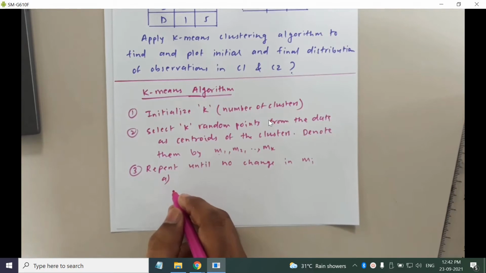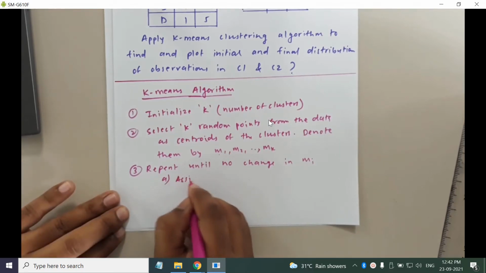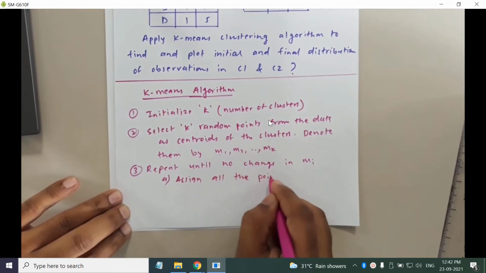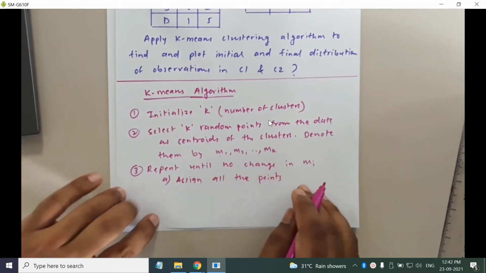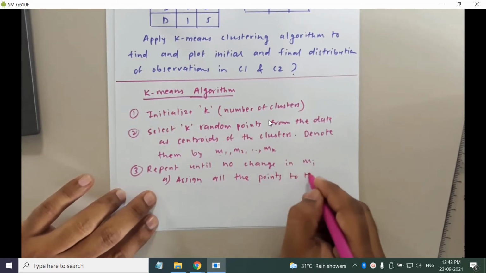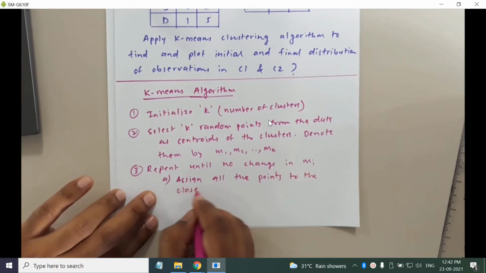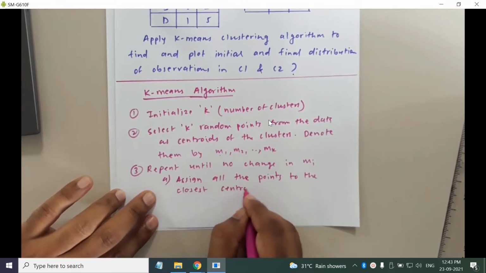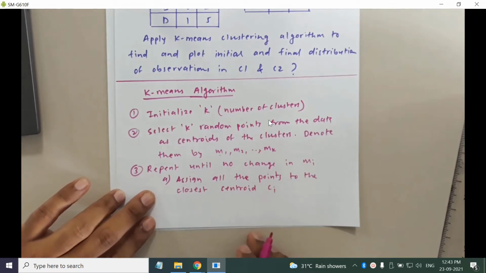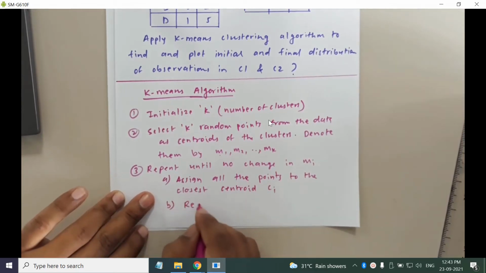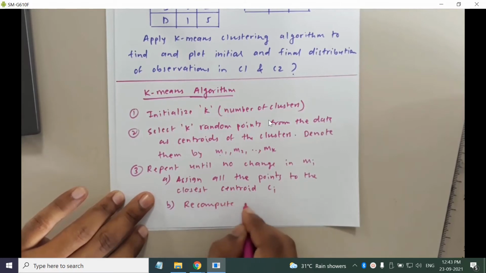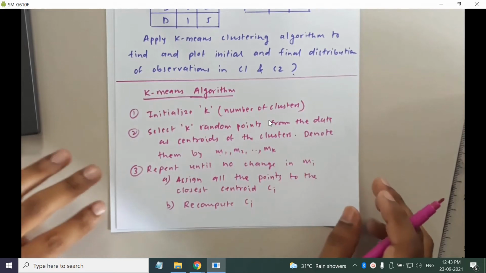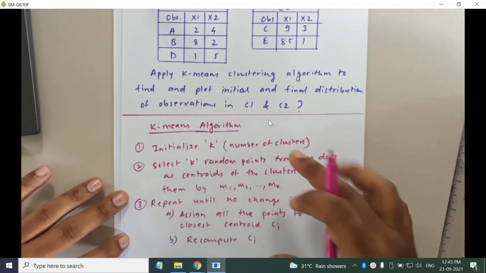Assign all the points to the closest centroid ci and recompute ci. That's it.